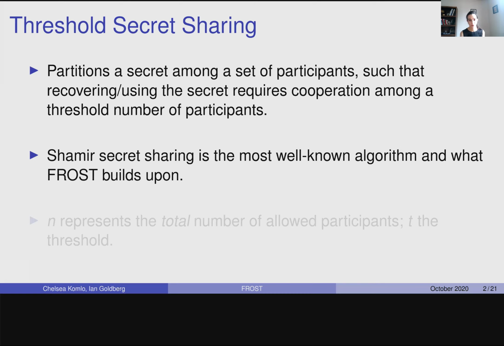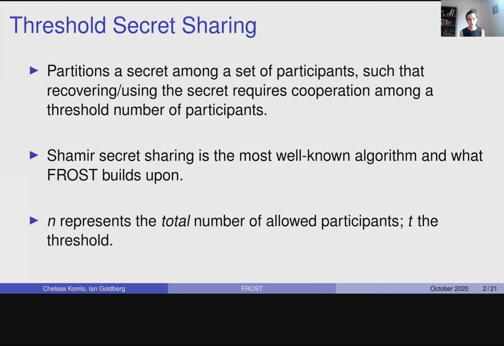And so Shamir secret sharing is probably the threshold secret sharing algorithm you're most familiar with. It's often synonymous with secret sharing schemes. And this is what FROST builds upon as well. So we use Shamir secret sharing as an underlying primitive in what we build our work upon.